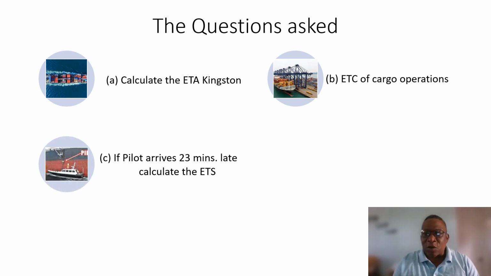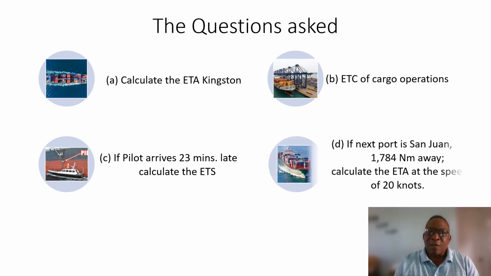In C, if the pilot arrives 23 minutes late, we are to calculate the estimated time of sailing. Finally, in D, if the next port is San Juan, which is 1,784 nautical miles away, we are to calculate the estimated time of arrival in San Juan at a speed of 20 knots.